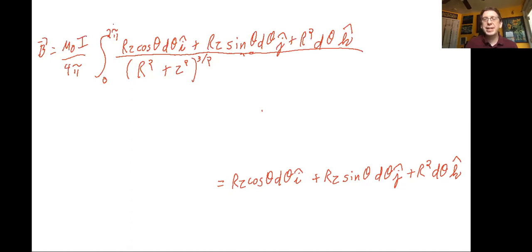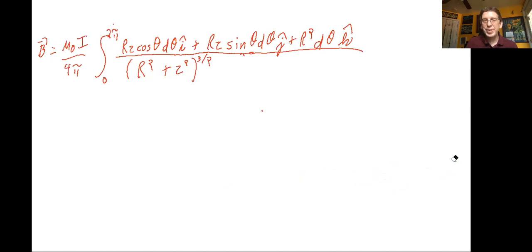Now here's where things simplify quite a bit. So you have the cosine theta d theta, and it's over a complete circle. And now the cosine is going to be positive half the time, it's going to be negative half the time. So over a complete circle, the integral is going to be 0 if it's just the cosine by itself. And the same thing applies for the sine theta. When you integrate over d theta, it's just going to be 0.